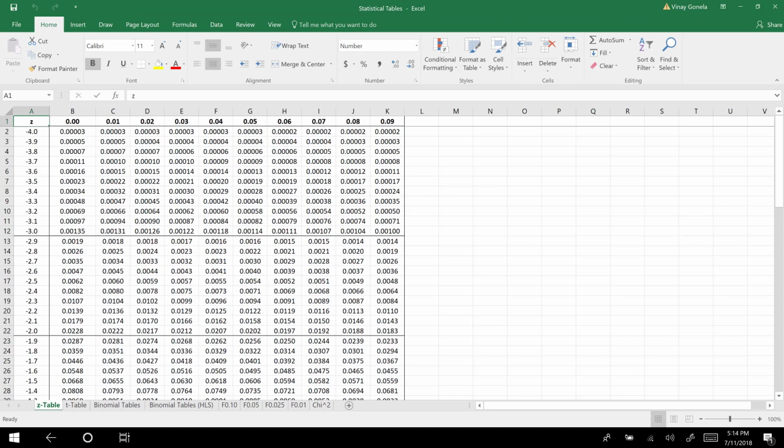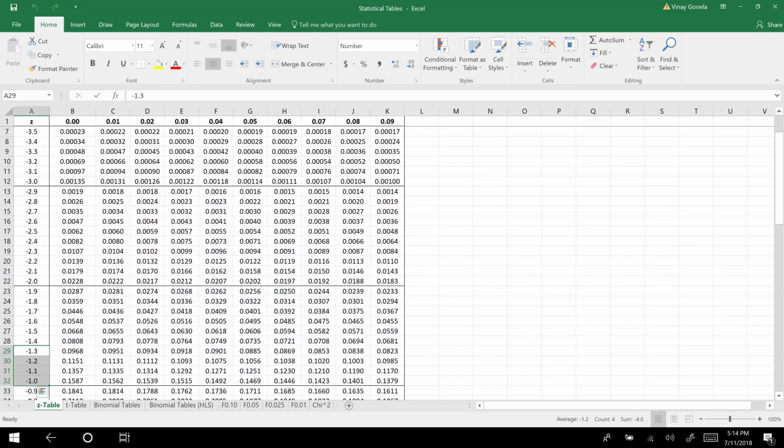So here is my z table. So I can go and look for 0.025. So here is my 0.025. So my z value would be negative, let me highlight it, 1.96.